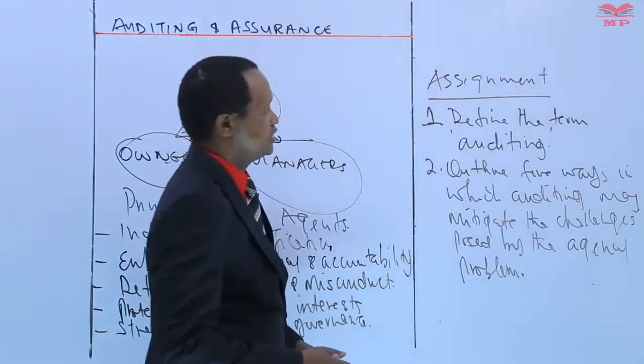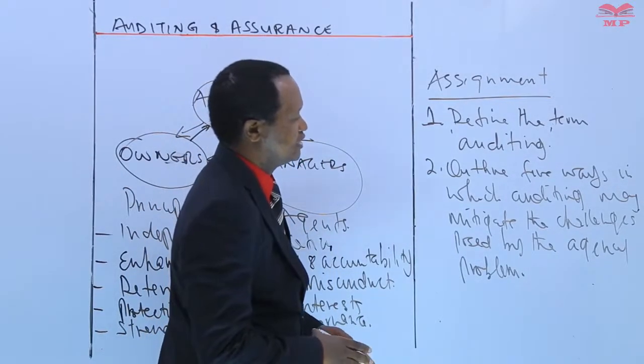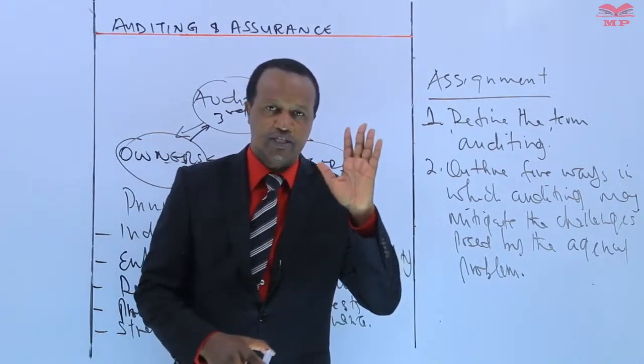Number 1, define the term auditing. Number 2, outline 5 ways in which auditing may mitigate the challenges posed by the agency problem.